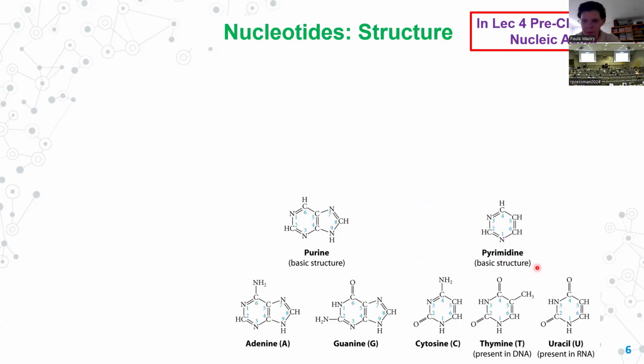Little guy, big name. Bigger guy, smaller name. So this guy with two rings, that is your purine structure. So purines, you have adenine and guanine. Now, you do not have to know exactly the molecular structure of that, but know that there are two rings. And then pyrimidines, you have cytosine, thymine, and uracil.